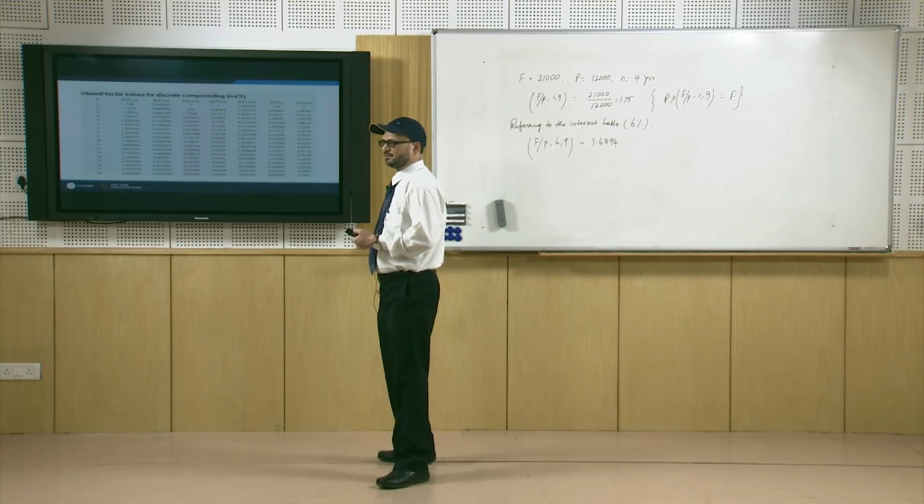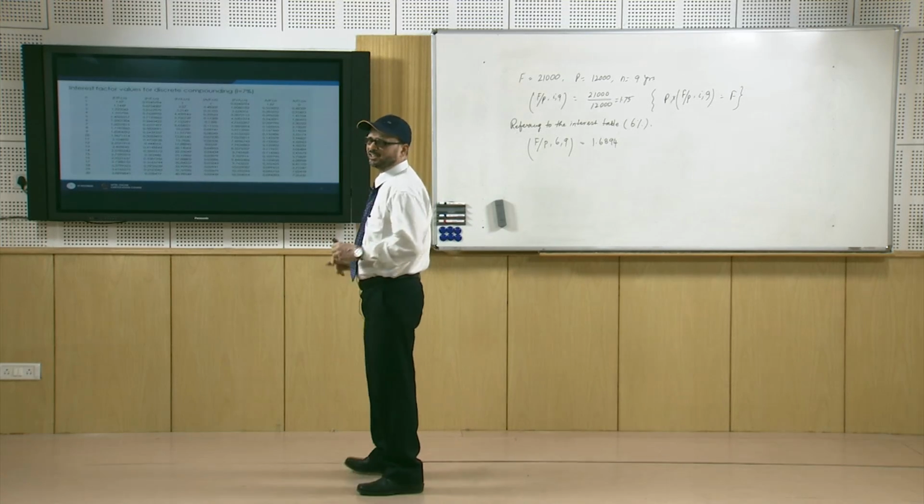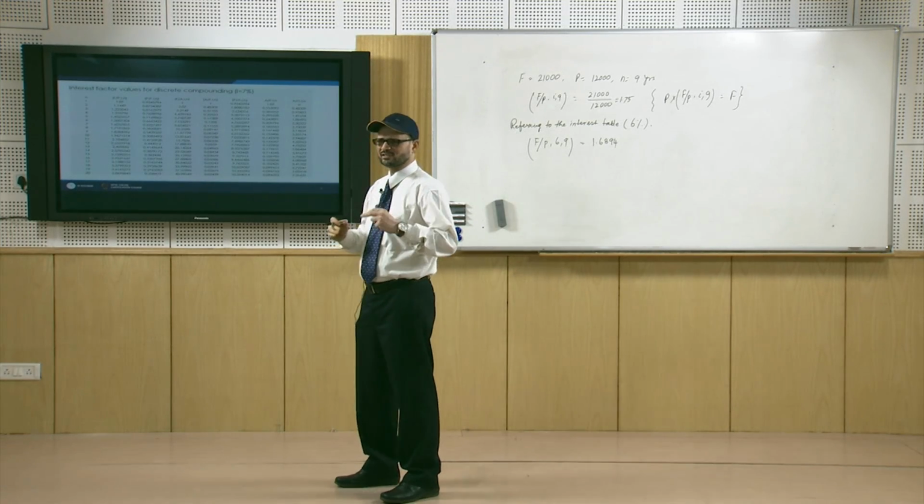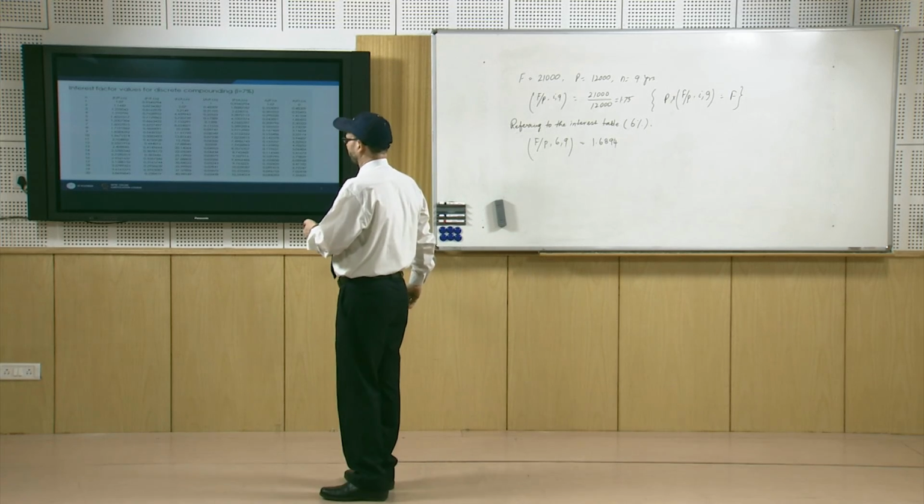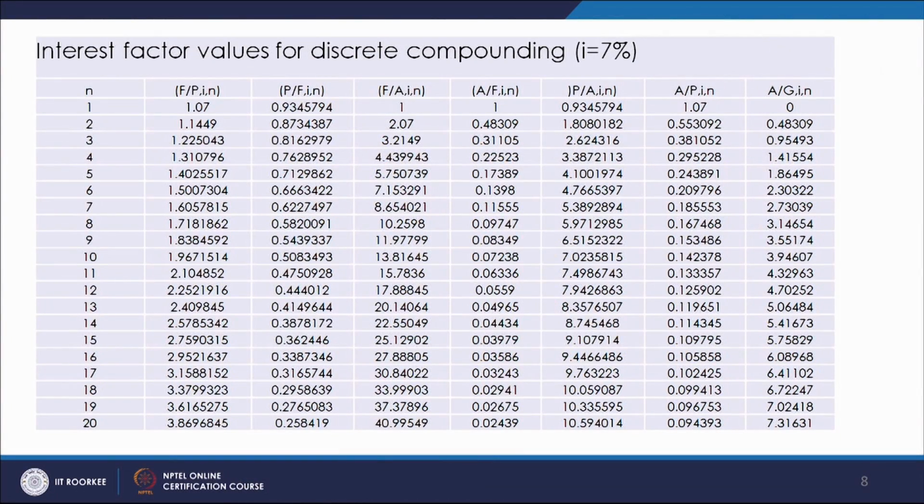And further we have to see for the same number of years, that is N equal to 9, for 7% it comes out to be 1.8384.